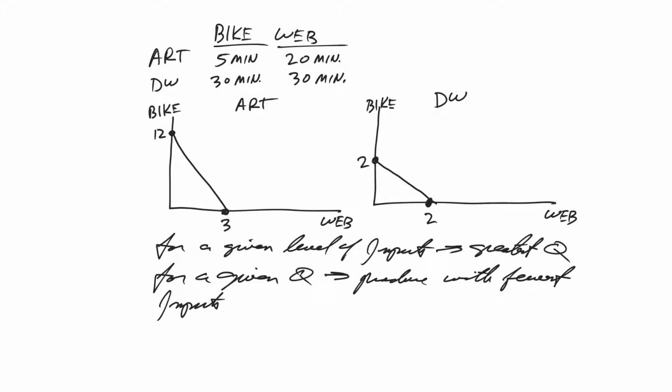Will he be interested in trading with DW? I'll give you a preview, and the answer is yes, because trade decisions are not based on absolute advantage. They're based on comparative advantage, the subject of the next segment.